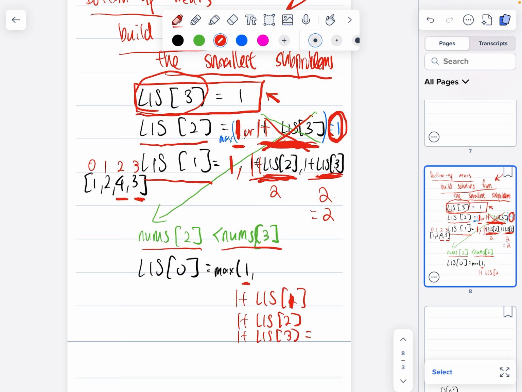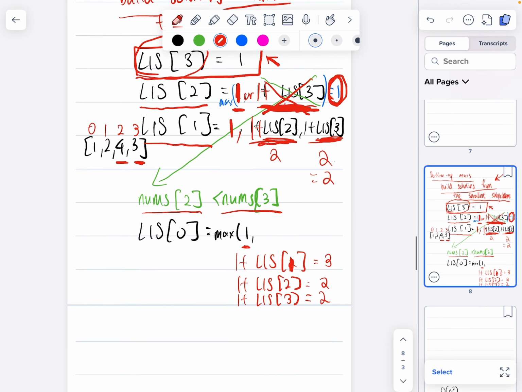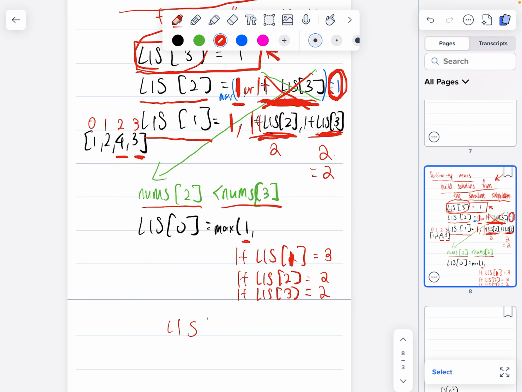LIS of 2 would be 2, and this would be LIS of 1 plus 1, that is 2. No, sorry, 3. So LIS of 0, the answer that we have is 3.